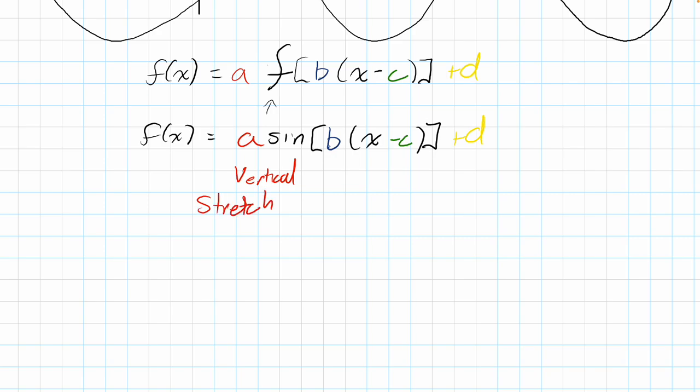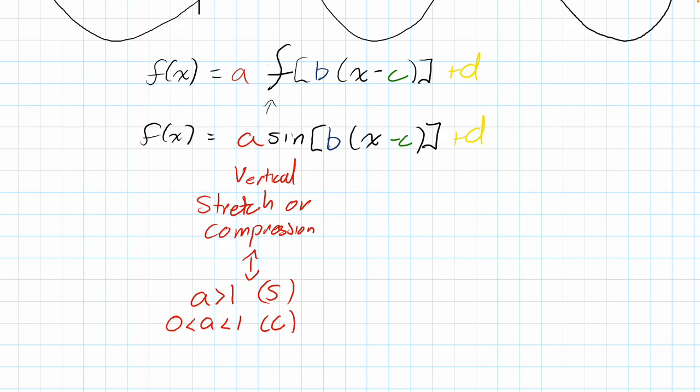It just depends on the value of A. If A is greater than 1, we get a stretch. And if A is less than 1 but greater than 0, we get a compression. Think of an elastic band being pulled up or down. A compression is the opposite, it's being squished inwards, okay?